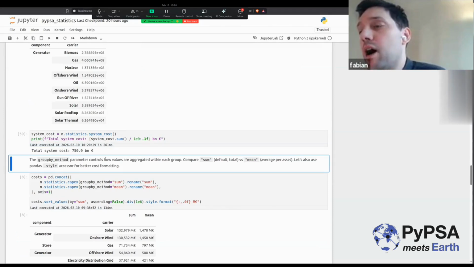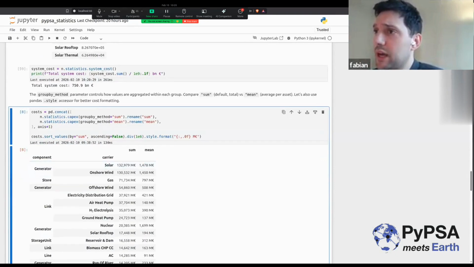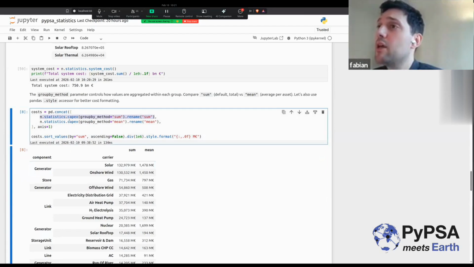Now let's apply one of the arguments that we just talked about, the group by method. I already said that you might be interested in the average capacity per asset. What we're doing now is a comparison of the capex, which is returned as a sum of all the costs of the technology in the network, or as an average per asset.